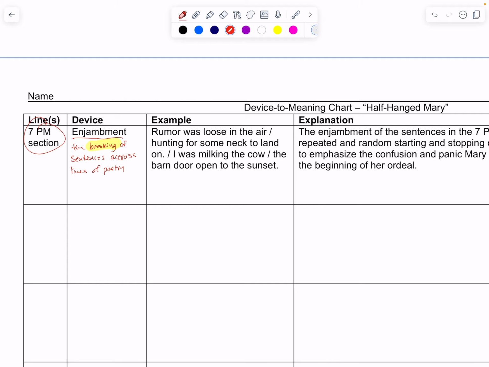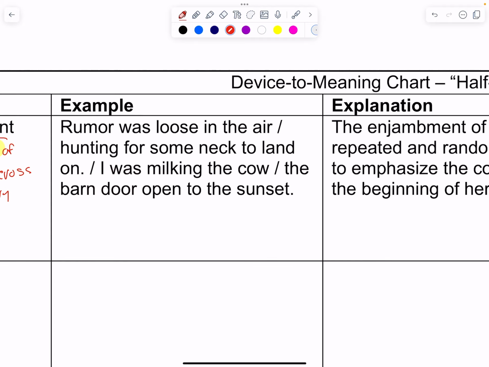Rumor was loose in the air. And this slash here, this just means that we are splitting the line of poetry in our writing. Because when you type, you don't have room to format the poem line, line, line, line, okay?